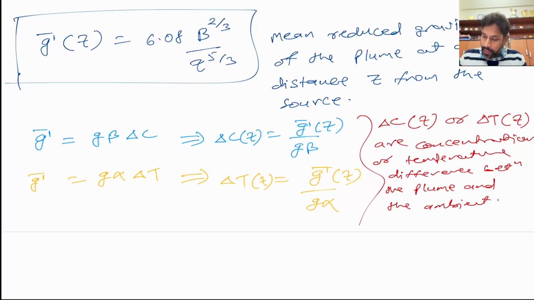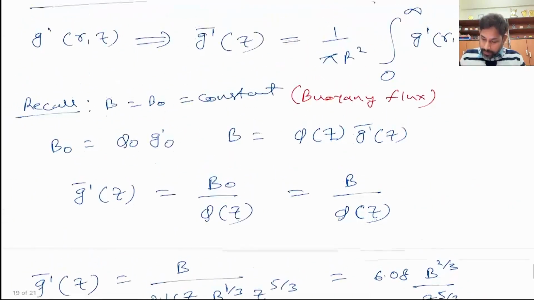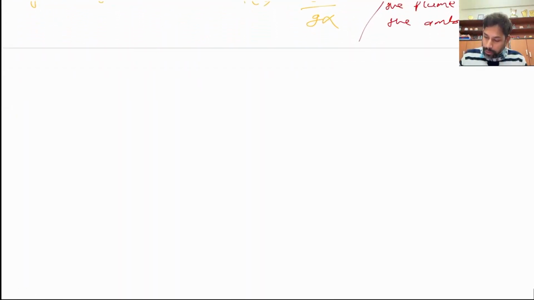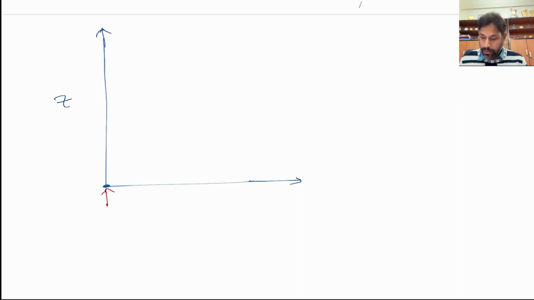Okay, so now we have found volume flux, reduced gravity, and radius of the plume. So if you want to plot it and see how it varies with Z. So let's say this is your Z axis and this is your plume where you're injecting, which has initial Q naught or G prime naught, etc. Right?